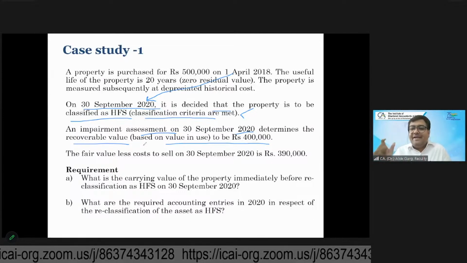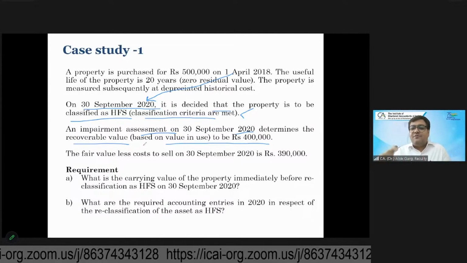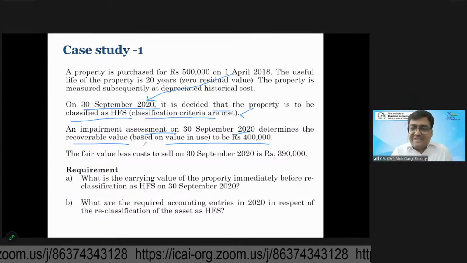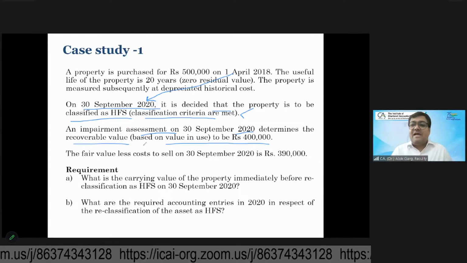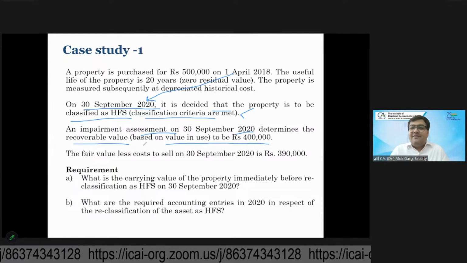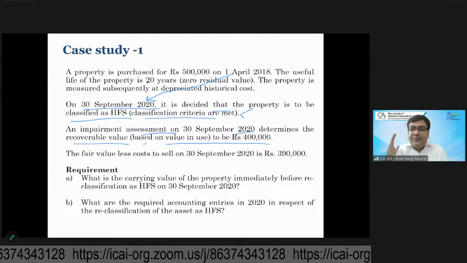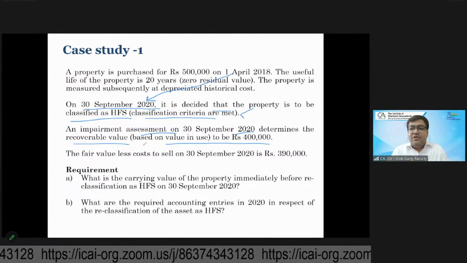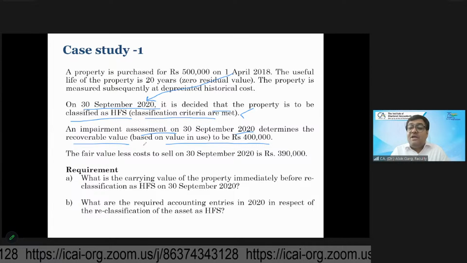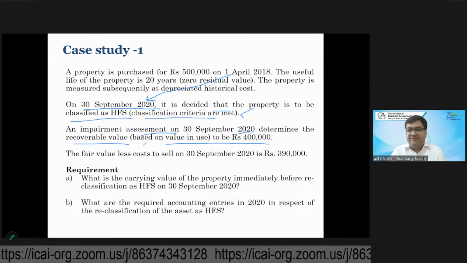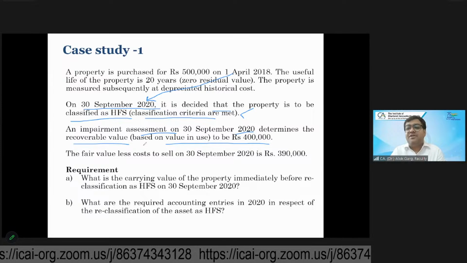It is 25,000 for 18-19, 25,000 for 19-20, and 50% for 6 months, which is half-year depreciation for 2020-21 up to 30th September 2020. So it is 62,500. So cost minus accumulated depreciation is 4,37,500, which is 5 lakh minus 62,500.